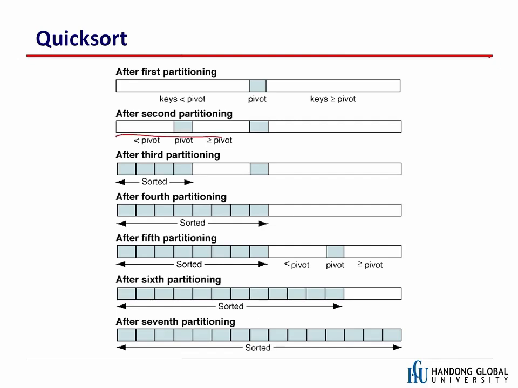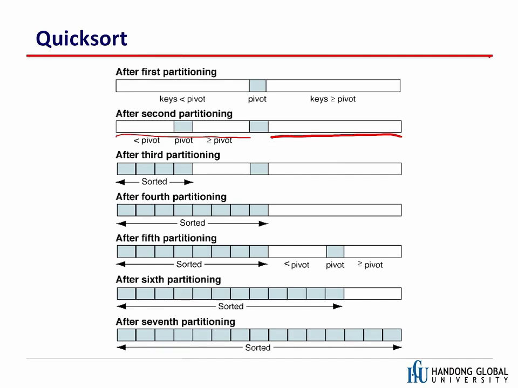When we focus on the left side, we pick a pivot and we rearrange all the elements in the left side. And then likewise we do the same thing with the right side. So pick a pivot and arrange all the elements.